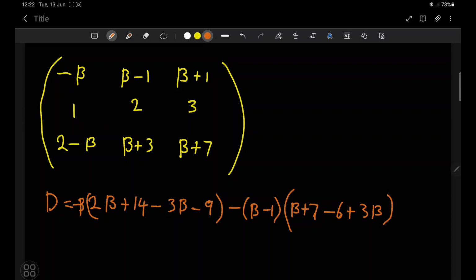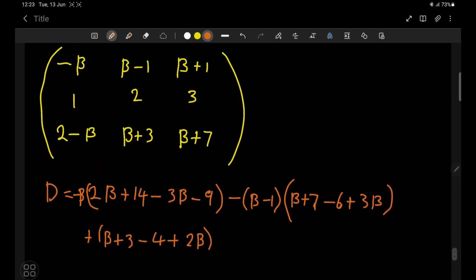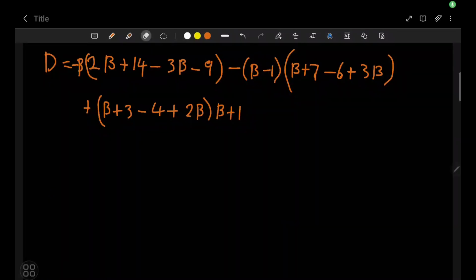We have 1 by beta plus 3, that's just beta plus 3, minus 2 by 2, we'll have 4 there, and 2 by negative beta, so we'll have positive 2 beta because of the minus in between. And all this is being multiplied with beta plus 1, since it is the center there.